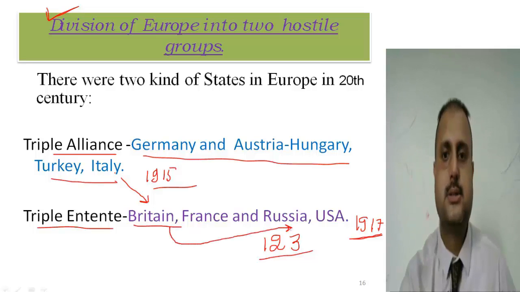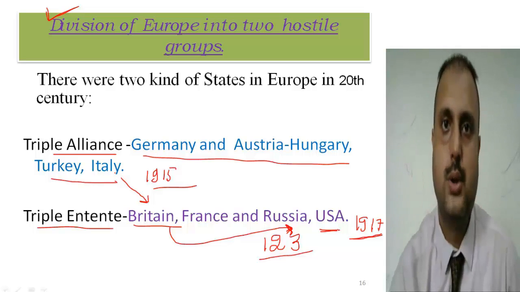So America was concerned that if Britain is defeated in the First World War, Britain would not be able to pay back its debt. The loan taken by Britain would not be returned if Britain is defeated in this war. So America participated in the First World War so that it can defeat Germany.